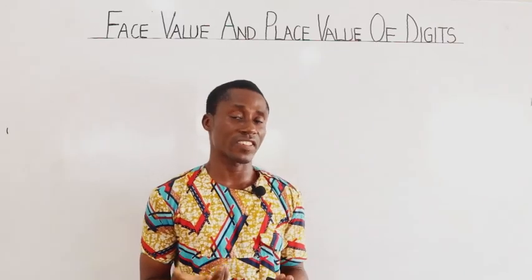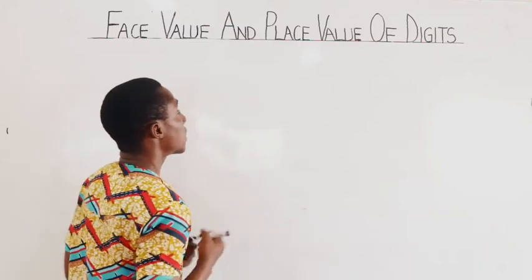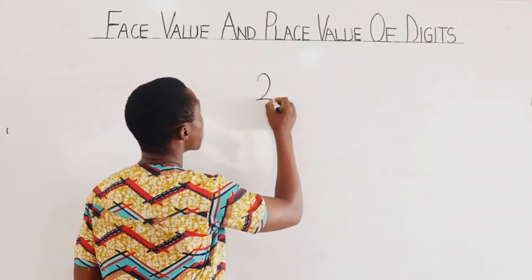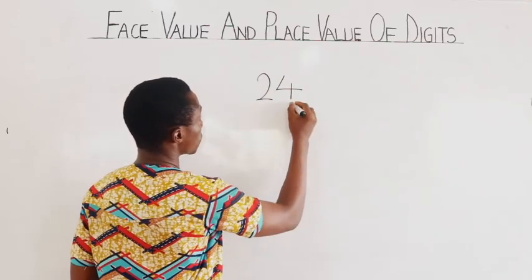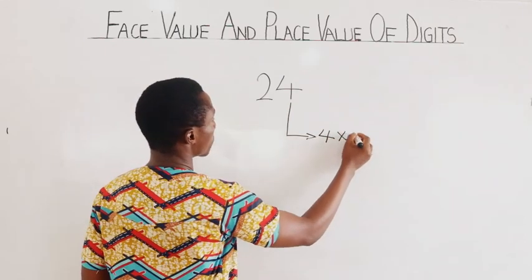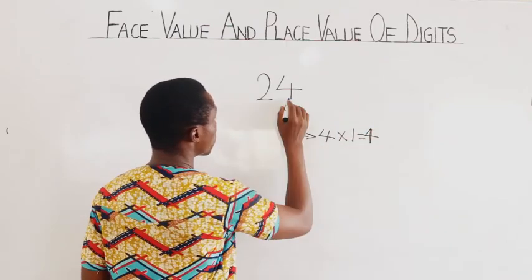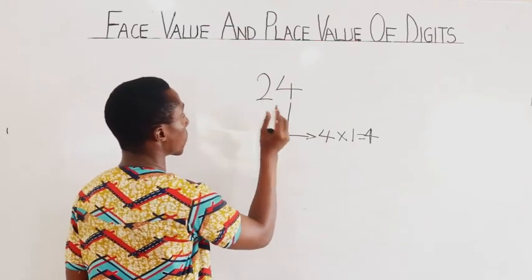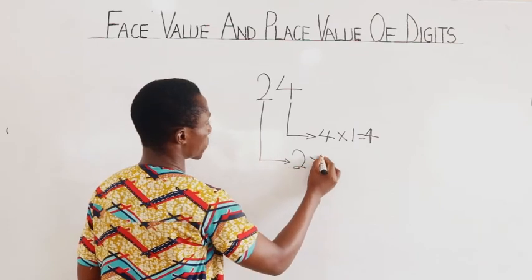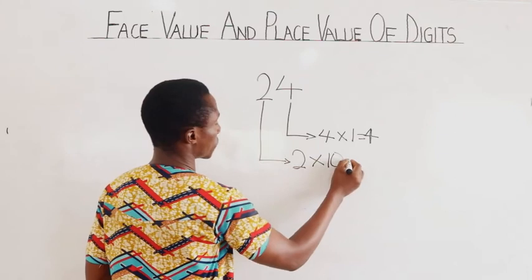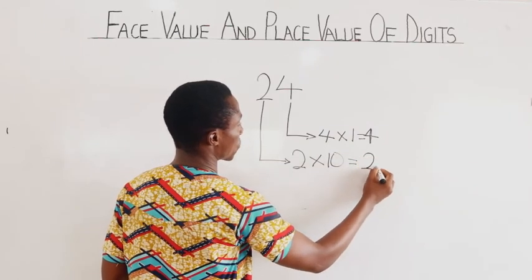We also want to bring to your attention that when we are solving for a place value of a digit, and we write, for example, find the place value of each digit in the number 24, and you find for 4 to be 4 multiplied by 1, which is the number place, and that gives us a place value of 4 for the digit 4 in the number 24, and also the place value of 2 being 2 multiplied by 10, which is the number place of 2 in the number 24, giving us the place value of 20.